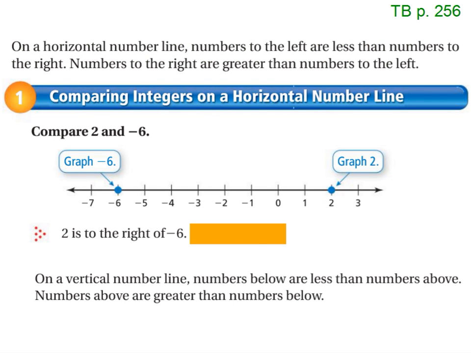Okay, we're now going to talk specifically about the number line. Now, all of you know on a horizontal number line, numbers to the left are less than numbers to the right. As I move to the right on my number line, the numbers get bigger. So when I start at my -6, everything to the right of -6 is bigger.